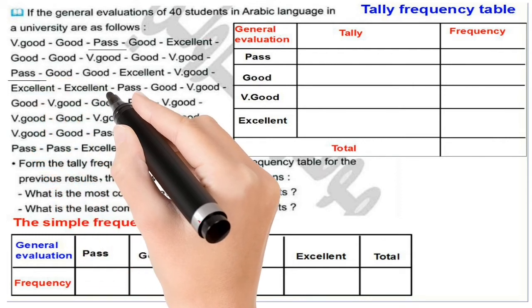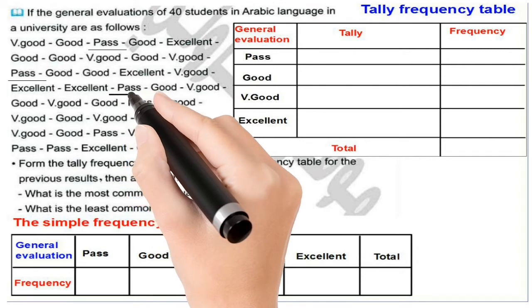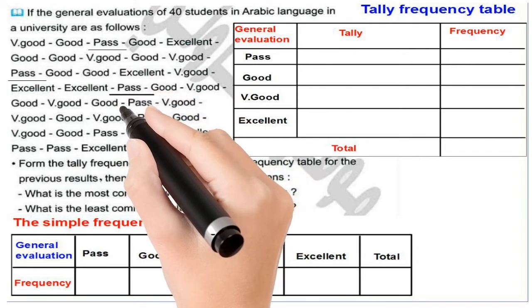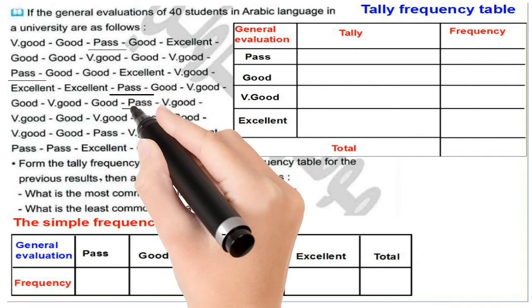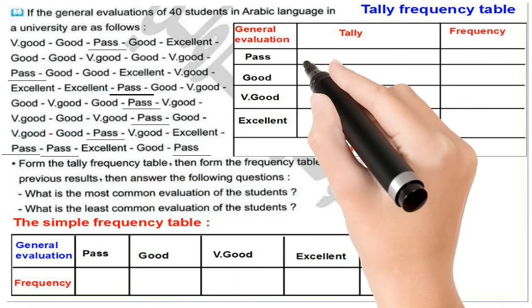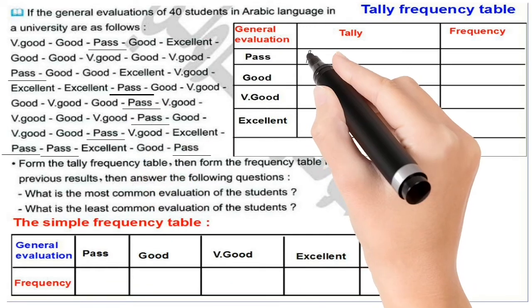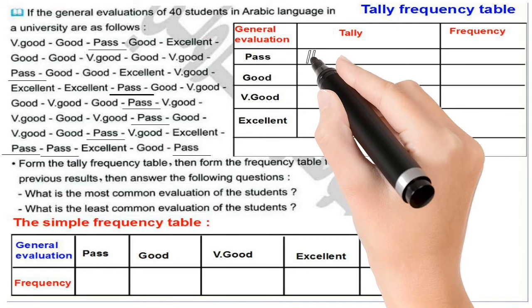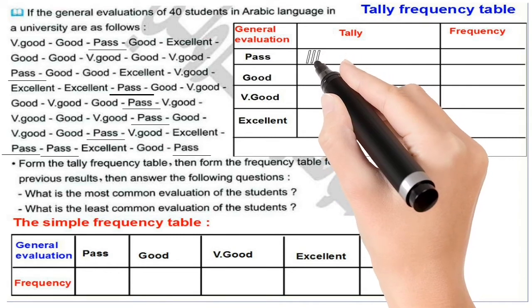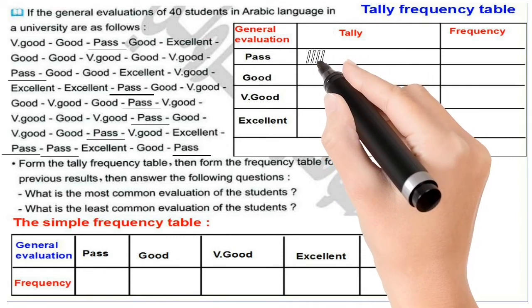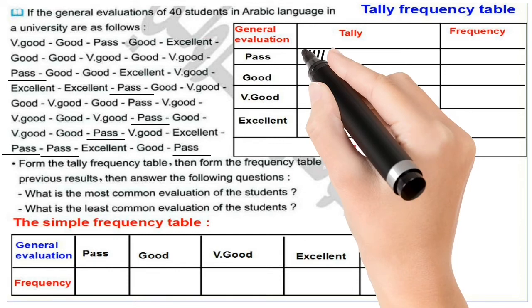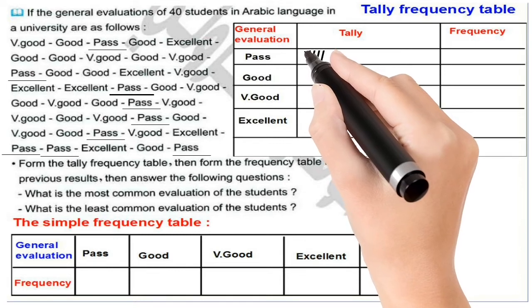1, 2, 3, 4, 5, 6, 7, 8, 9. Let's represent it as tally. When we use a tally table, we represent our numbers as sticks.